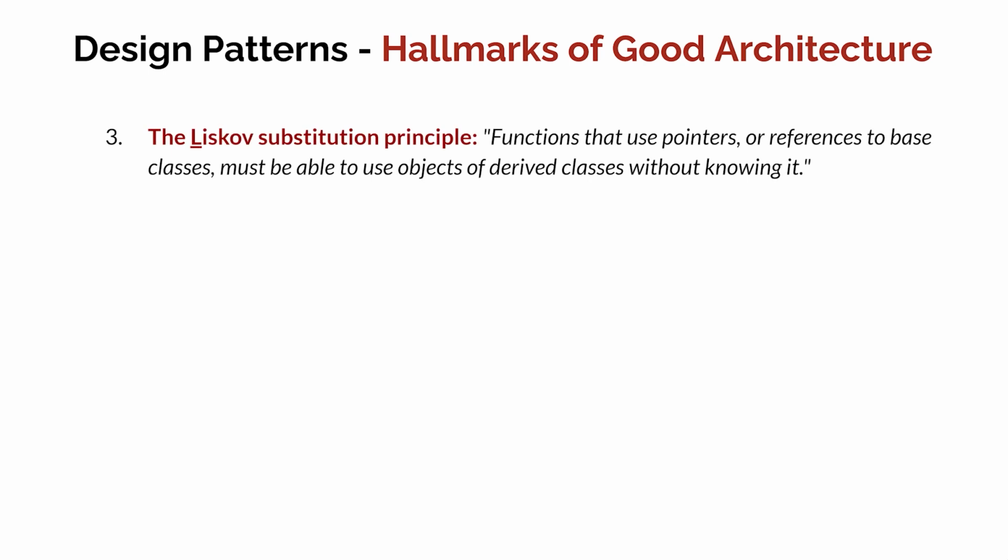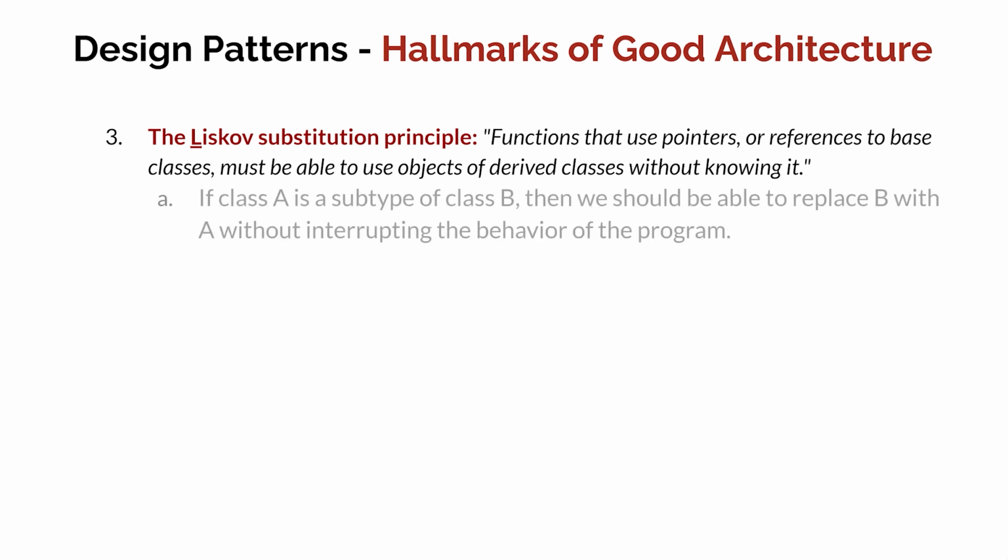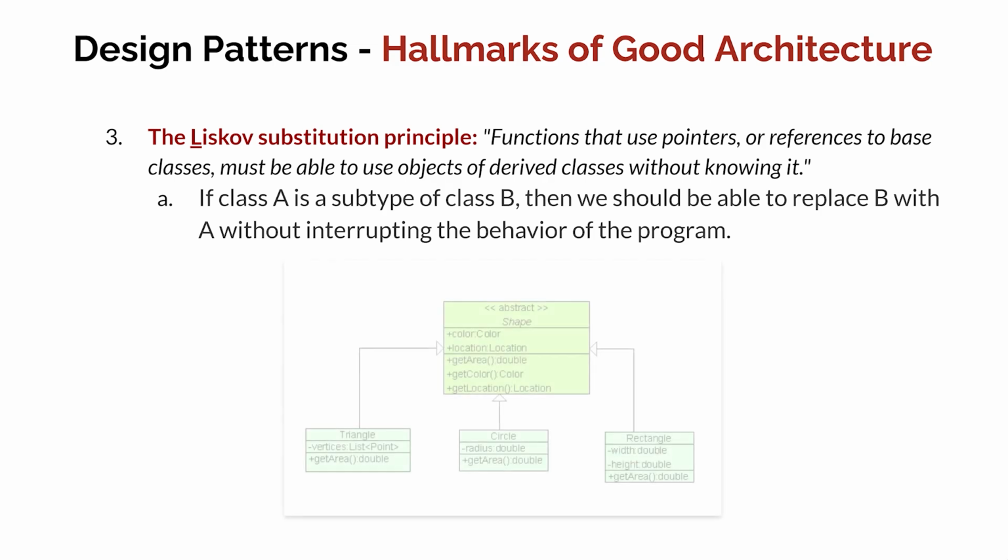What about the Liskov substitution principle? Functions that use pointers or references to base classes must be able to use objects of derived classes without knowing it. For example, if class A is a subtype of class B, then we should be able to replace B with A without interrupting the behavior of the program at all. Here's an example.